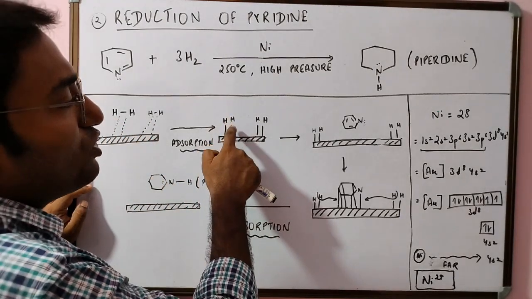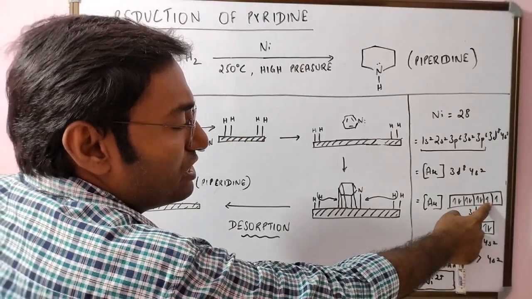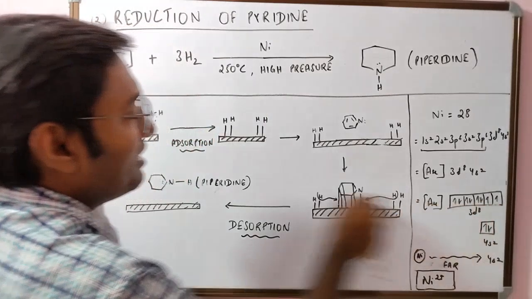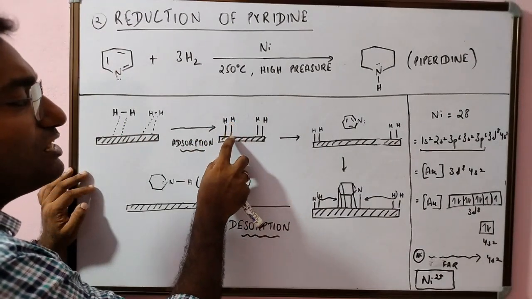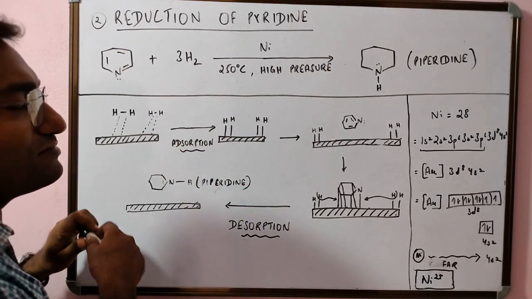The hydrogen atoms with 1 electron each go for a covalent bond formation with the unpaired electron in the empty orbital, resulting in the formation of a nickel hydrogen sigma covalent bond.